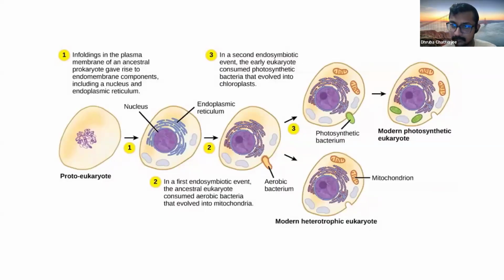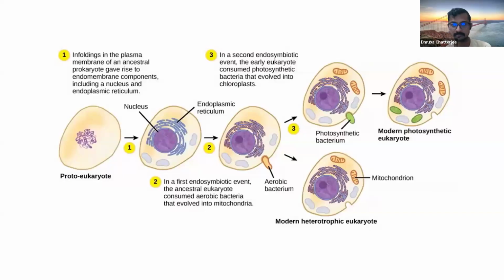The ribosomes of the mitochondria and the chloroplast are very reminiscent of bacterial ribosomes, and there are various other similarities as well.